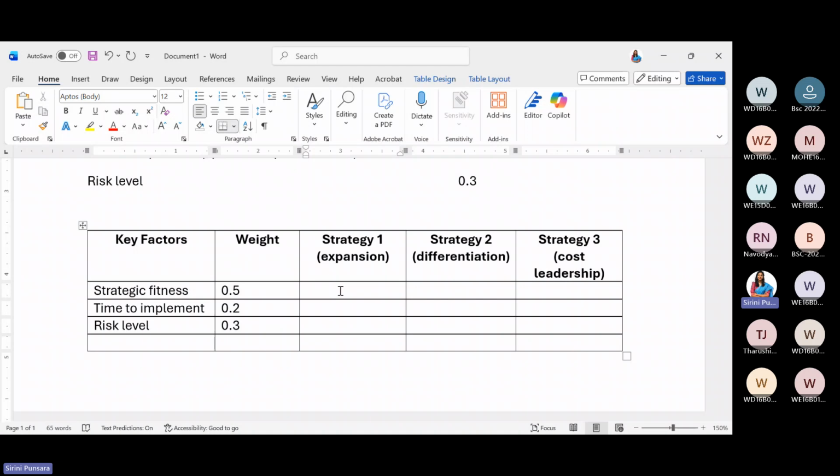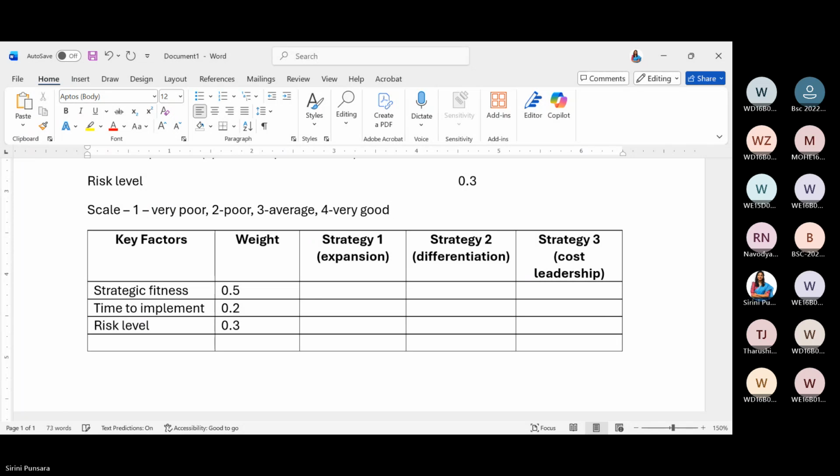So we will be giving 1 mark to very poor, second poor, third average, fourth very good, fifth good. So this is the scale that we will be using.